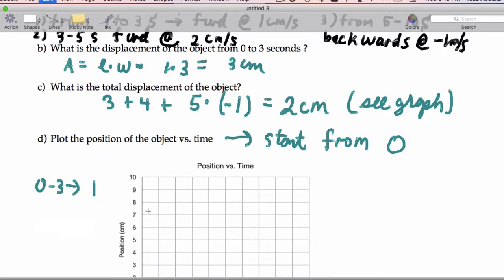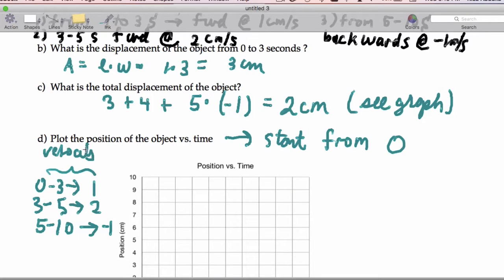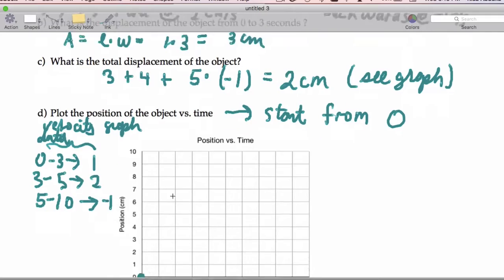I'm just reading this. This is all from the velocity graph, and I'm going to graph it here.